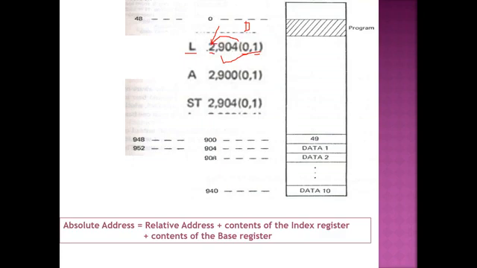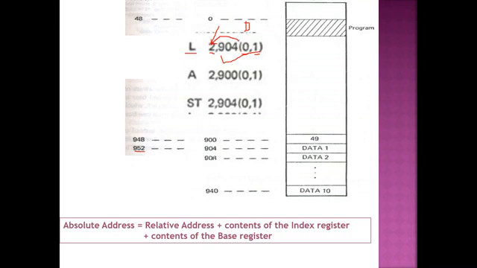That's it, simple. Why do we have to use 0 and 1 here? Because this 904 is a relative address. If I wanted to find out the absolute address, which is 952, I have to add the index register value and the base register value. We will leave that part for now. Let us understand only from location 904.